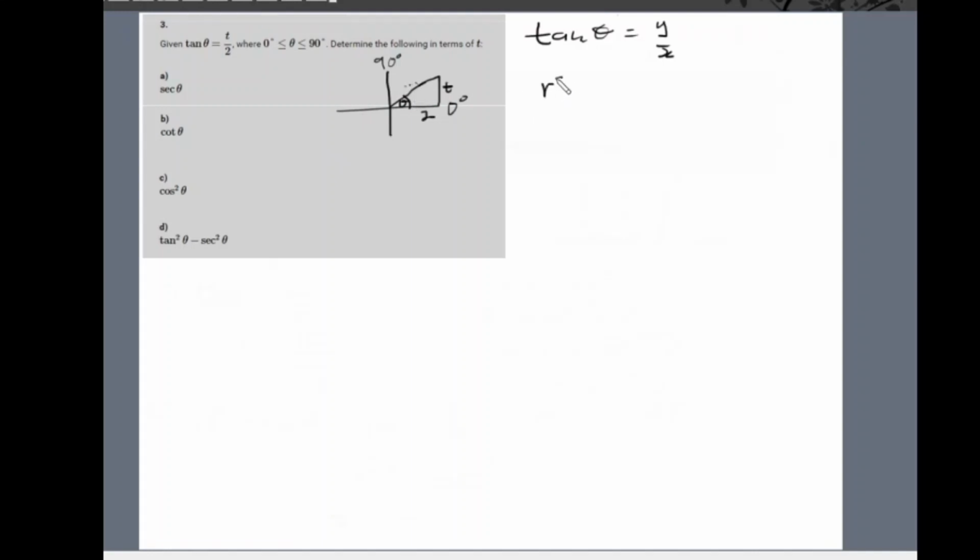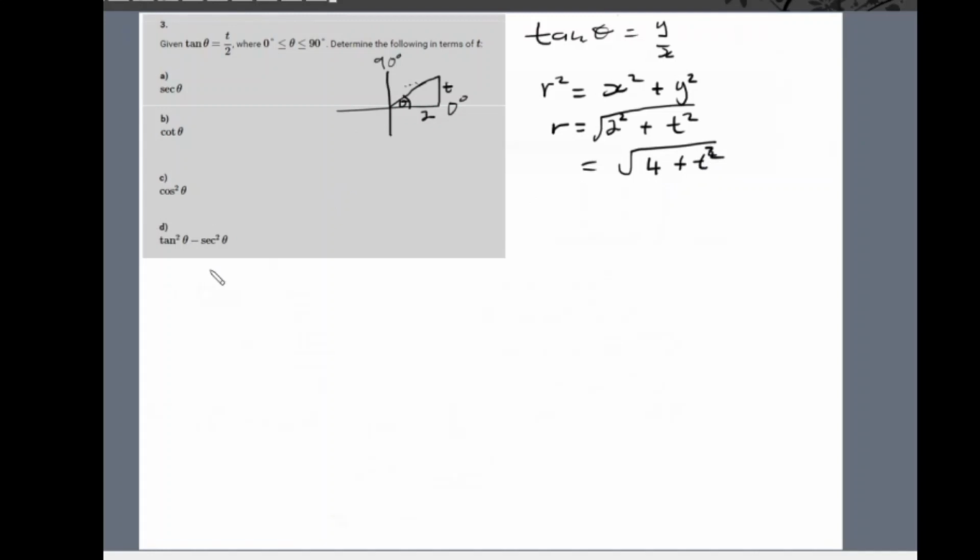To calculate the hypotenuse, we will have x squared plus y squared. We know x is 2 and y is t. So the hypotenuse will be equal to the square root of 4 plus t squared. That will be our hypotenuse.